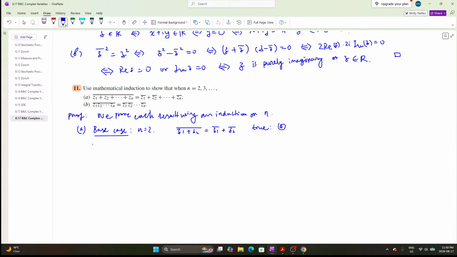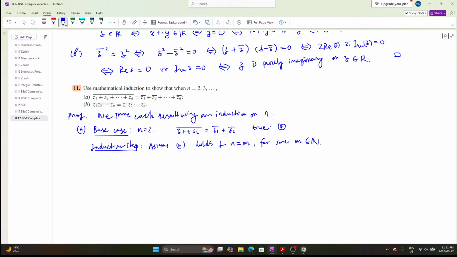Okay, and now let's do the inductive step. Assume the property A holds for n equals m, for some m in the set of natural numbers.